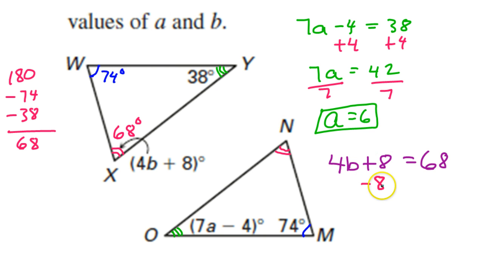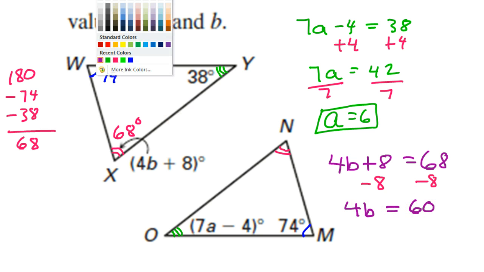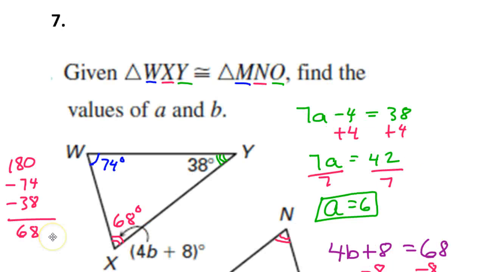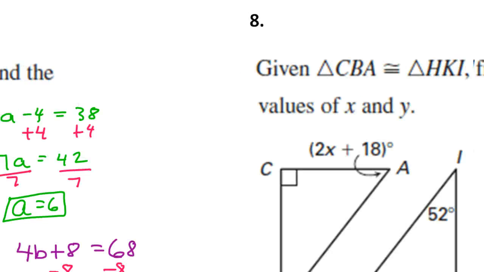So, of course, we'll subtract 8 from both sides, and that'll give you 4B is equal to 60. And then divide both sides by 4. All right, so B is equal to 15. So that's it for number 7.